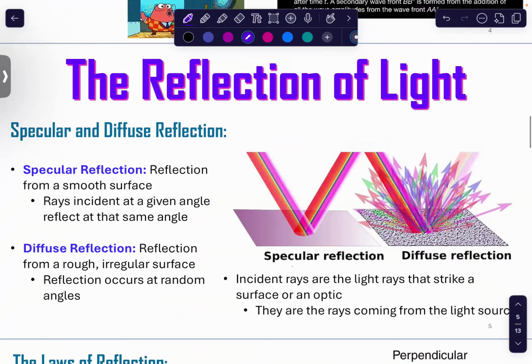All right, the reflection of light. We have two main types of reflection, specular reflection and diffuse reflection. Specular is going to be on a smooth surface. It's going to hit and it's going to reflect. The angle of incidence is going to equal the angle of reflection.